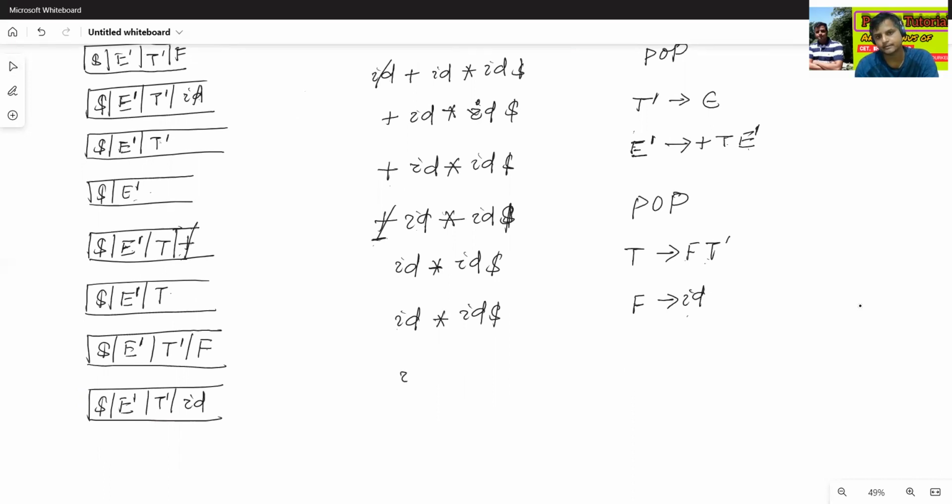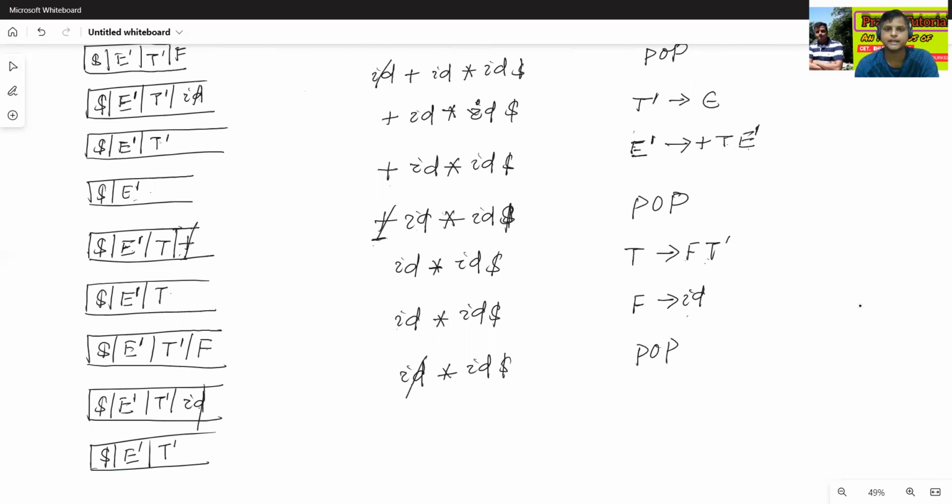The input is ID star ID dollar. ID both are matched, so we'll pop this ID and this ID.